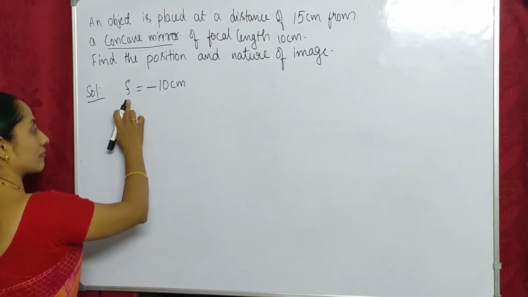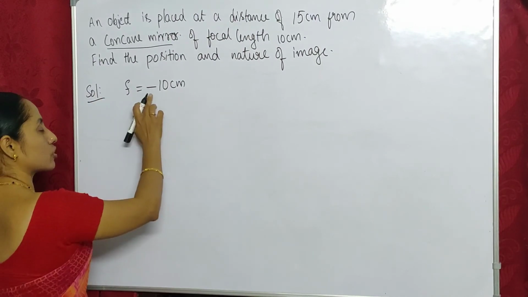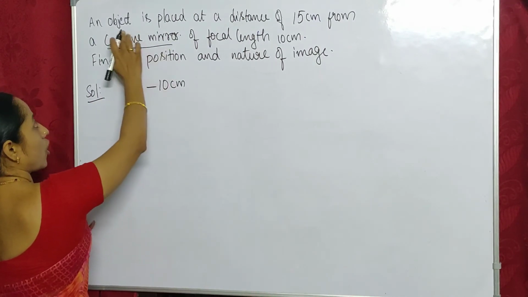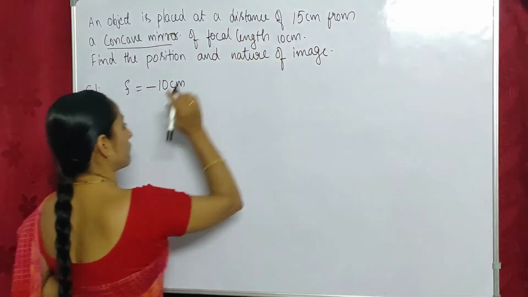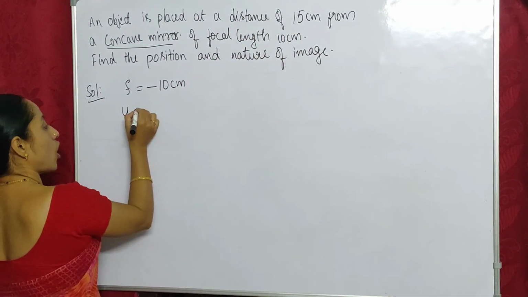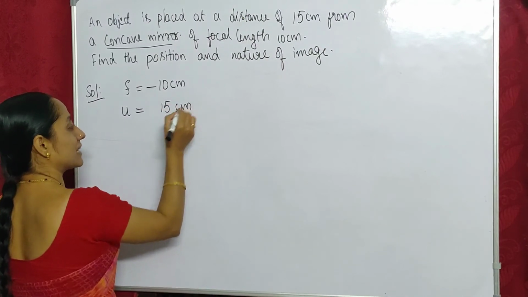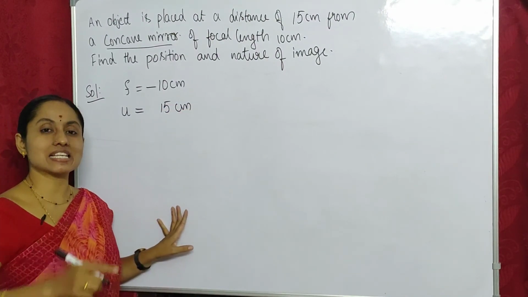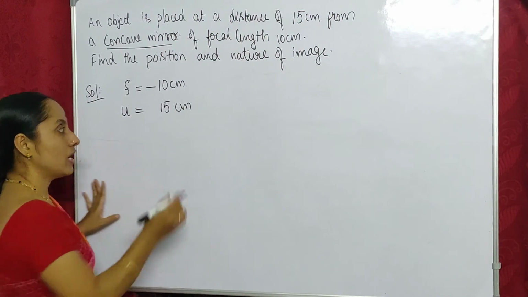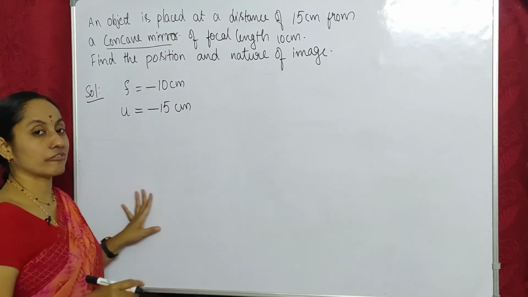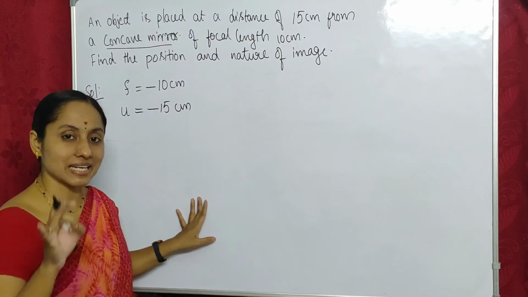In case of concave mirror, focal length is always negative, so I have put a negative sign. Next, the object is placed at a distance of 15 centimeters, meaning object distance is 15 centimeters, and object distance is always negative, whether it is concave or convex.